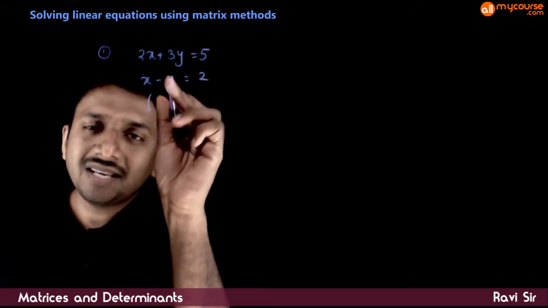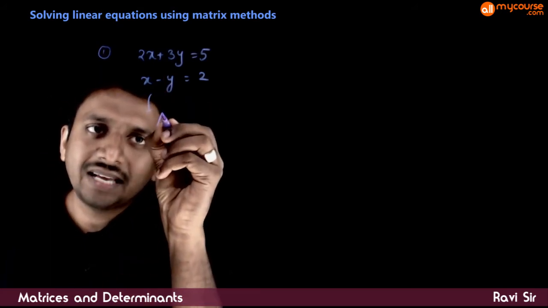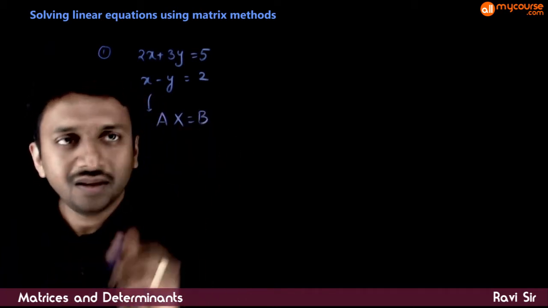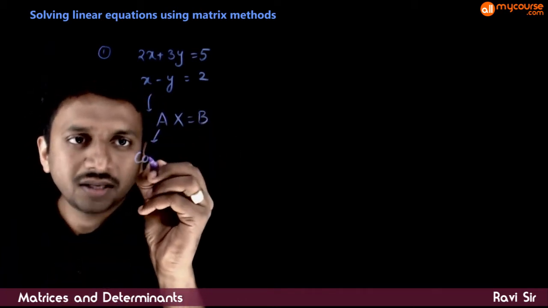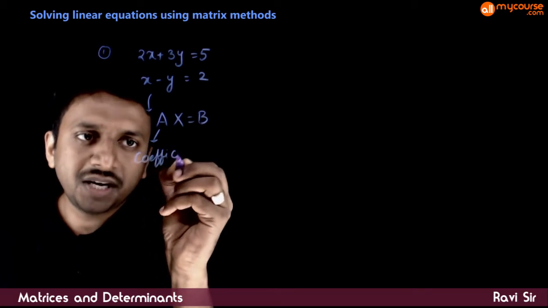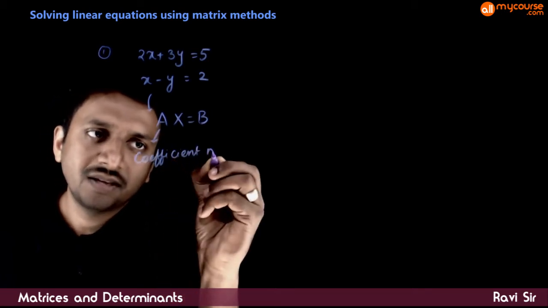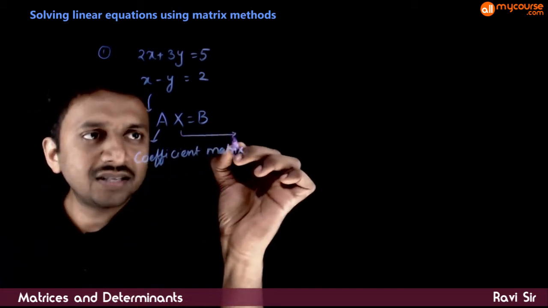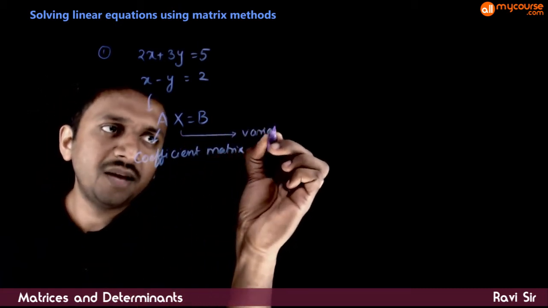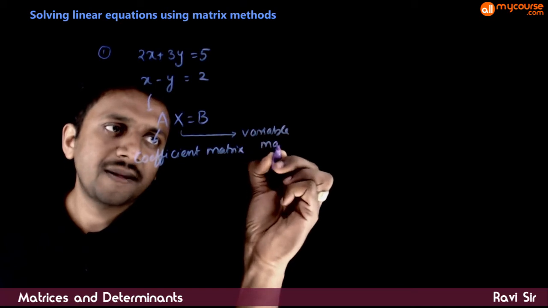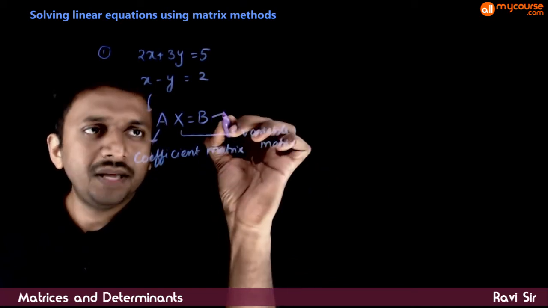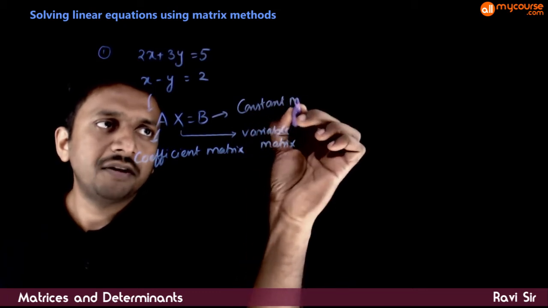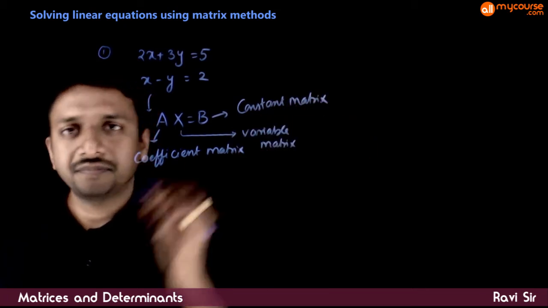We express this in terms of matrices like AX is equal to B, where A is called the coefficient matrix, X is called the variable matrix, and B is called the constant matrix.